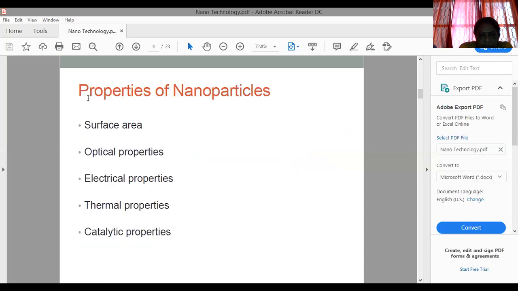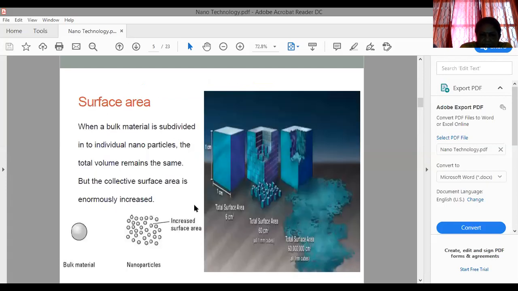These properties of the nanoparticles are very important, like how the surface area changes, and how the optical, electrical, thermal, and catalytic properties of the nanomaterial change.